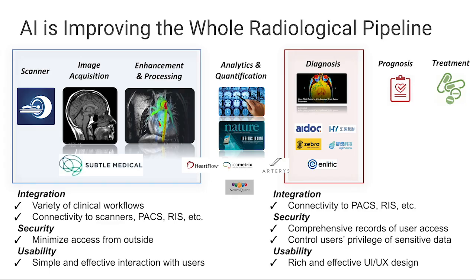So what we're seeing today is a lot of products being developed in the area of the analytics, quantification, as well as diagnostics. On the other hand, though, I think there's a lot of opportunities in the image acquisition stage of this process. A lot of researchers are working on that.